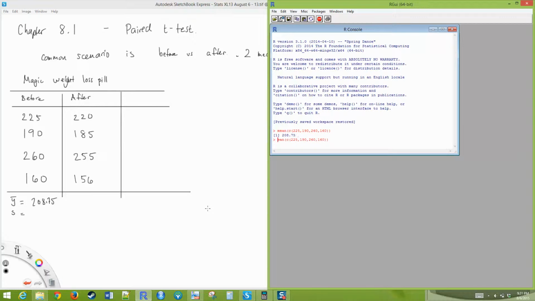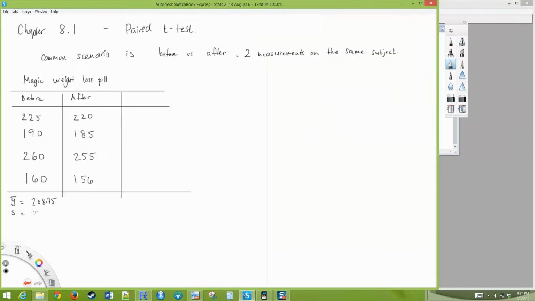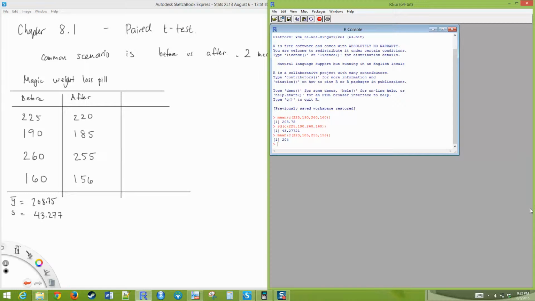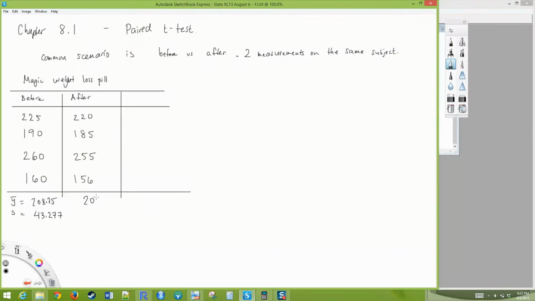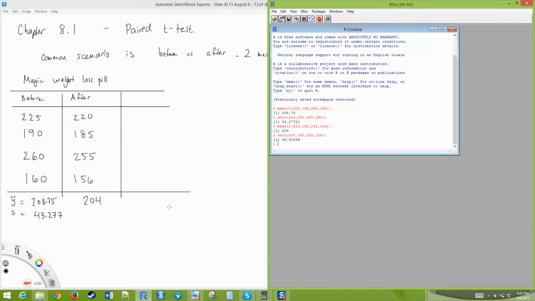And let's get the standard deviation there: 43.277. Let's do the next column: 220, 185, 255, 156. That's a mean of 204 and a standard deviation of 42.9.